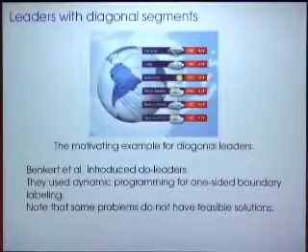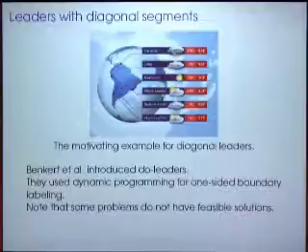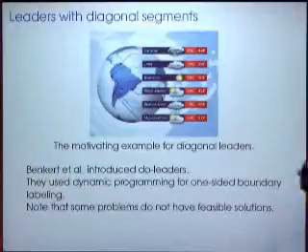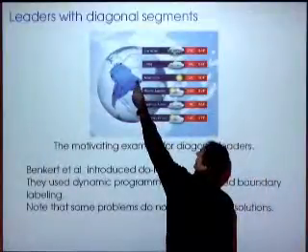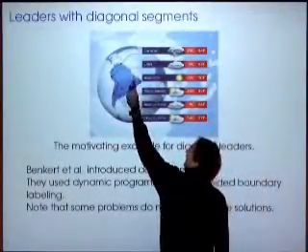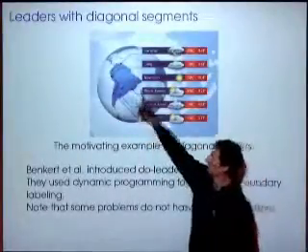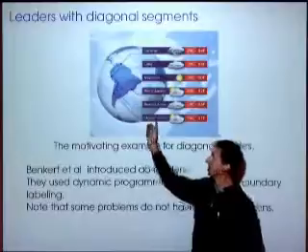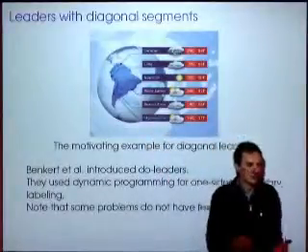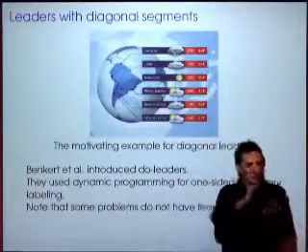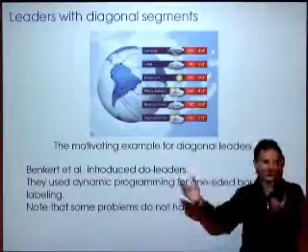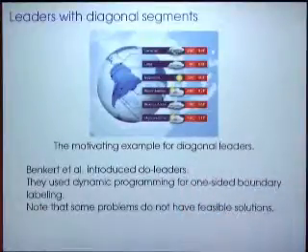The problem that they couldn't solve is the following. Imagine that the cities of South America are all at this point, somewhere here. Then you cannot connect from here to down there. If you do just diagonal and straight, it's not possible.